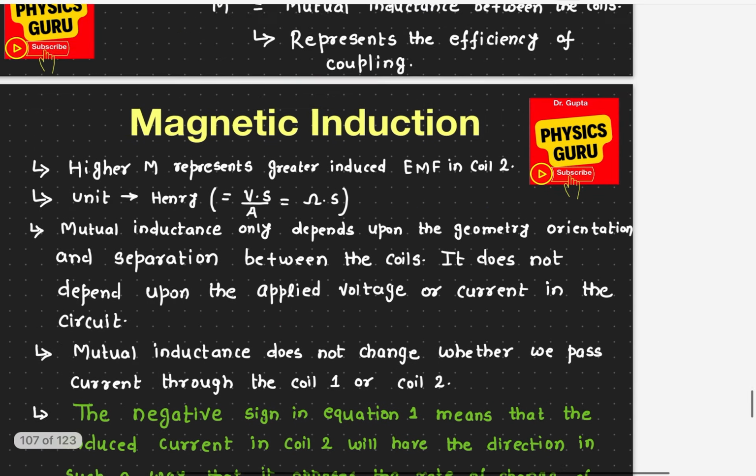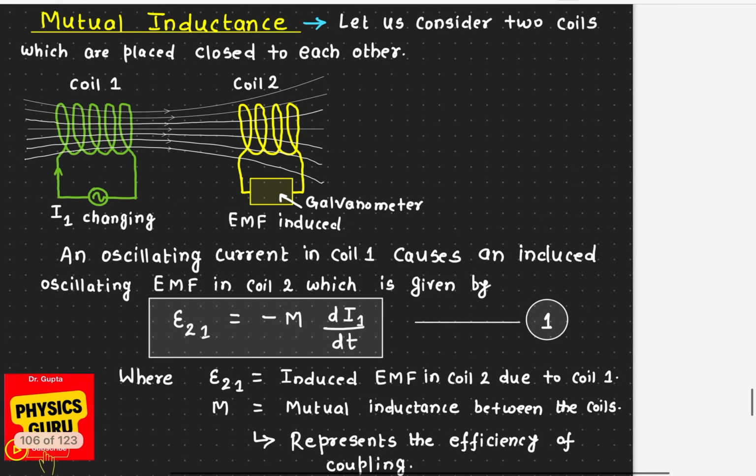Also, mutual inductance does not depend upon whether you pass the current through coil 1 or coil 2. If there is a changing current in coil 2, even in that case the mutual inductance will be the same. Again, the mutual inductance depends only on geometrical parameters, not on the voltage and current. Just like the capacitor.